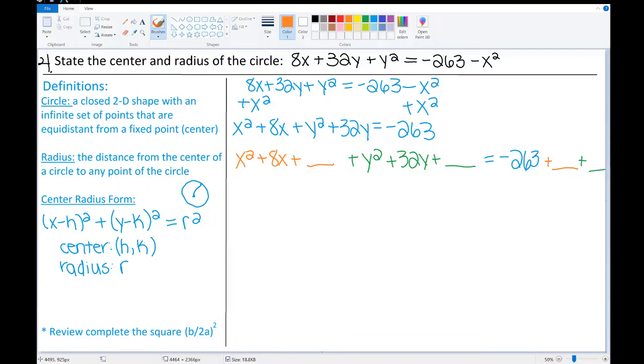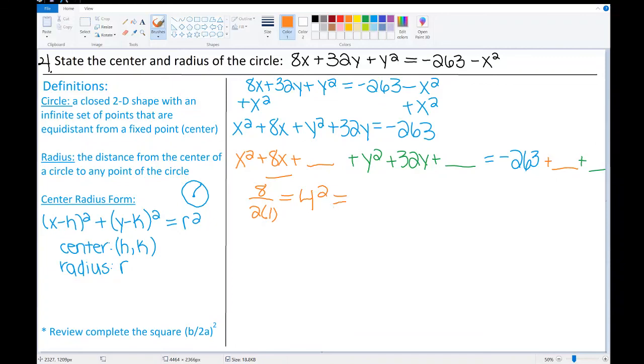In order to complete the square, you have to, like I wrote over here, take your b value and divide it by 2a, and then square that, and that's how you figure out your c value. So our b value is 8, and we're going to divide that by 2a, which is 2 times 1, and we get 4.